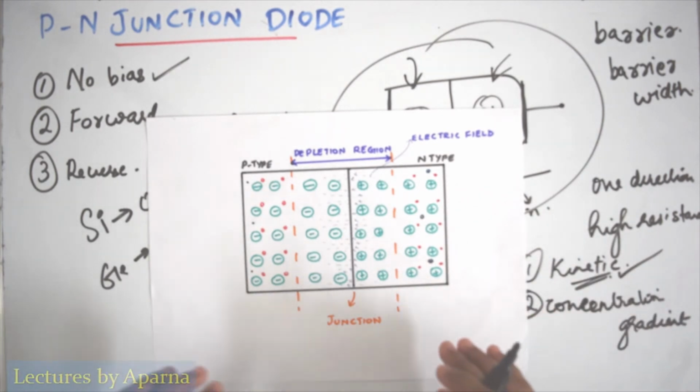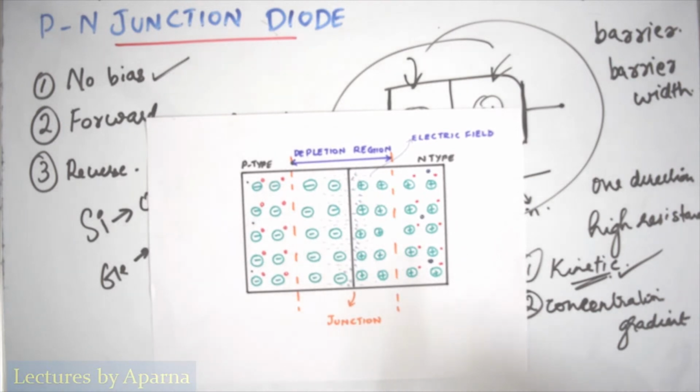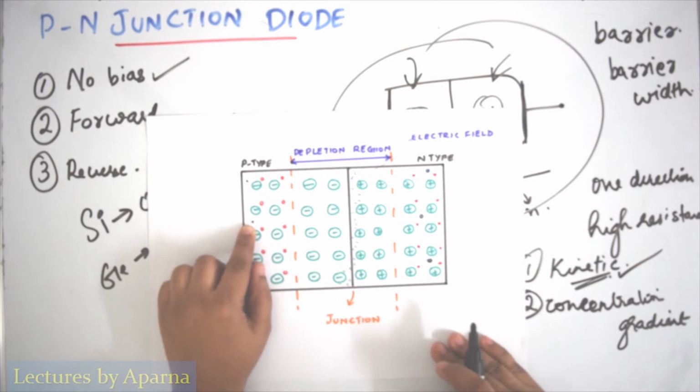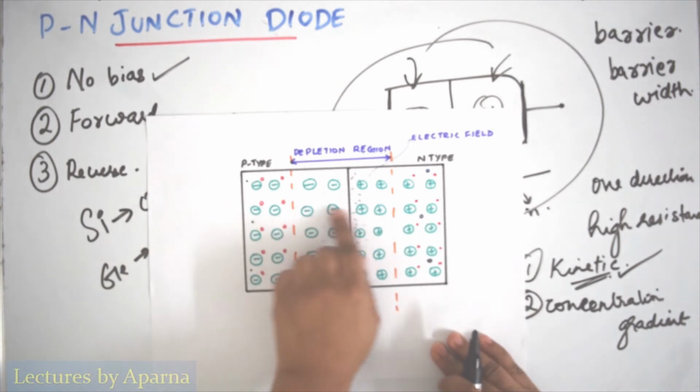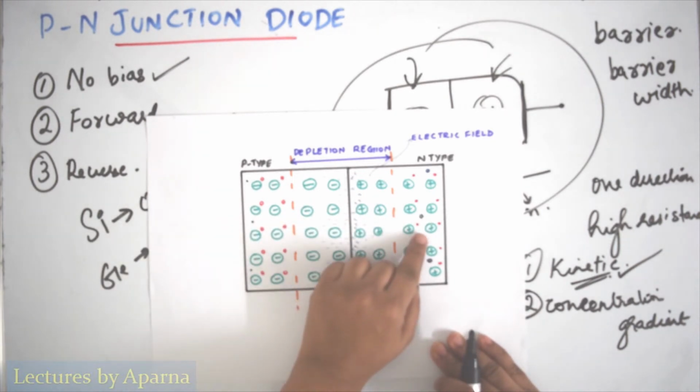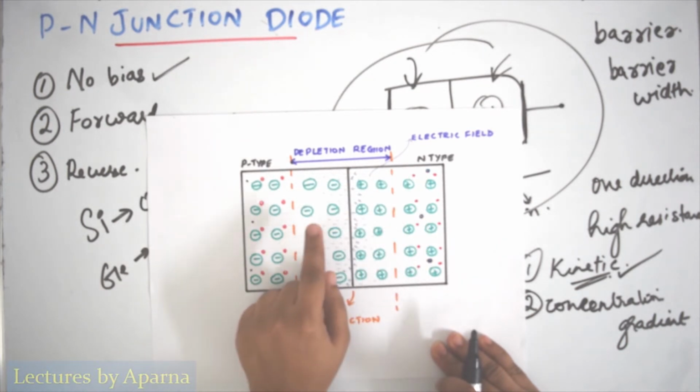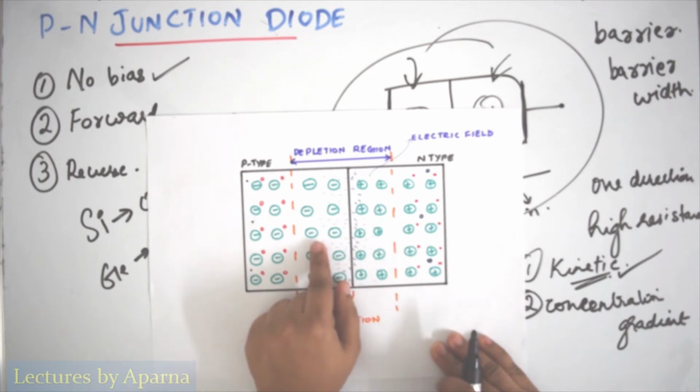Now what happens with the minority carriers? These electrons will be attracted by these positive ions. So these minority carriers will cross the junction. Here also the minority carriers are holes. They will cross the junction as these negative ions will attract them.